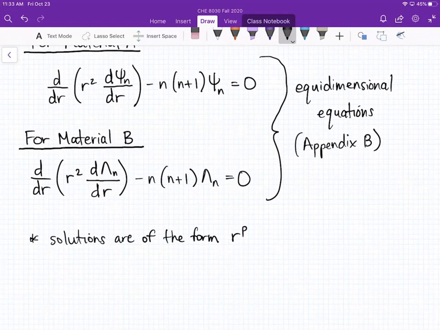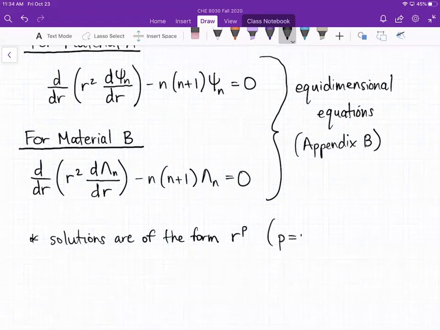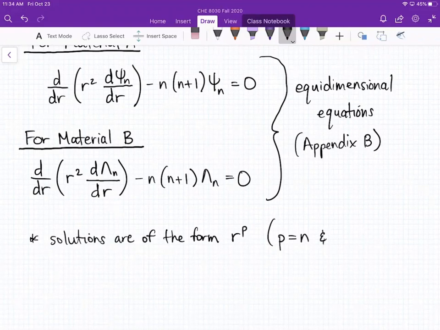So in the example problem, Dean says, take that trial solution, plug it back into either one of those differential equations, and you will find that the roots are p equals n and negative n plus 1.